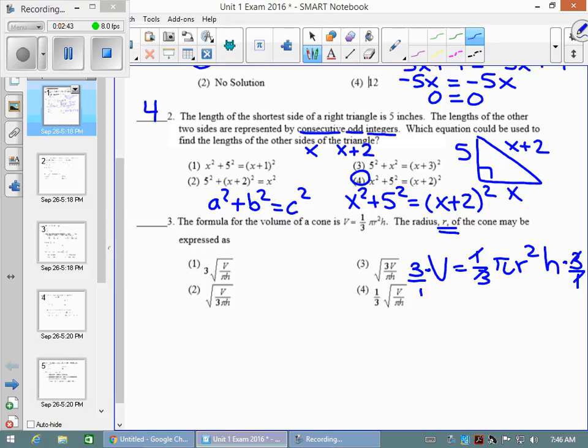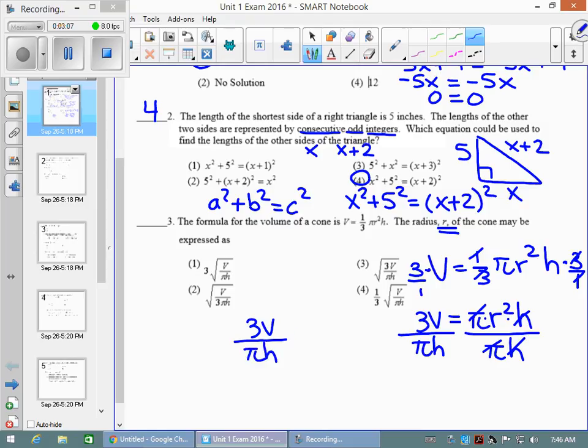So now I end up with the equation 3 times v is equal to pi r squared h. I have to recognize here that the pi and the h are both multiplying r squared. So if I want to undo multiplication, I need to use division. So I would divide by pi h. And then one last step, I now have 3v divided by pi h is equal to r squared.